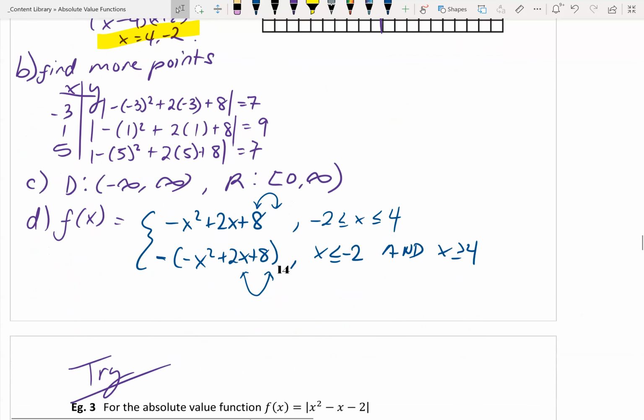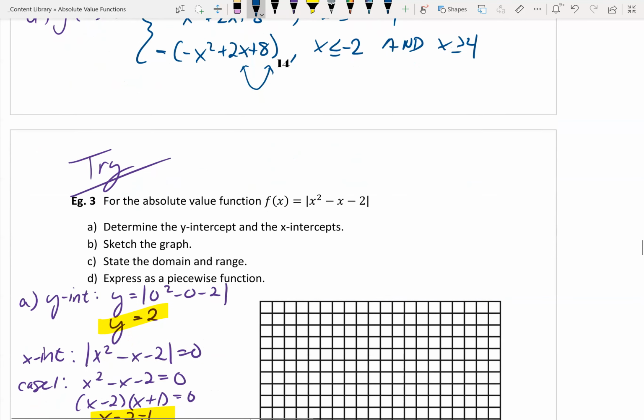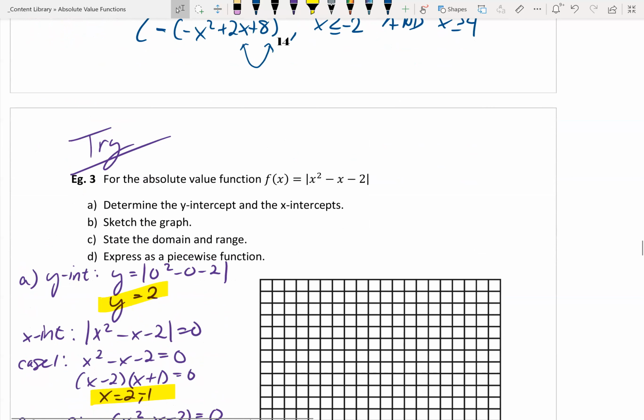I want you to try the next one on your own as well. It's very similar. So go ahead and try that, and then when you're ready, press play for the solution. Okay, so you want to determine your y-intercept and your x-intercept first. For your y-intercept, we put in x equals 0 into our function, and we got back y equals 2.